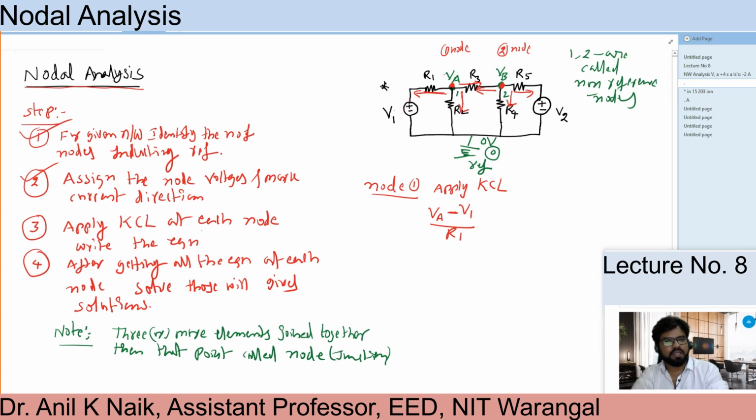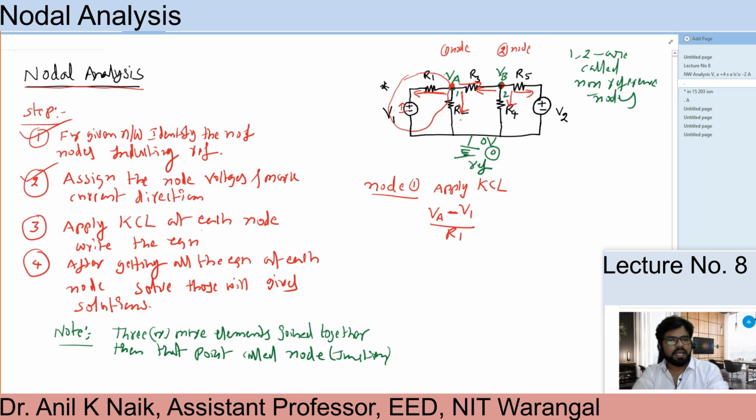According to this source the current direction would be one way, but my assumption is in the opposite direction. So that's why I'm taking VA minus V1 by R1, for the first current in this branch.